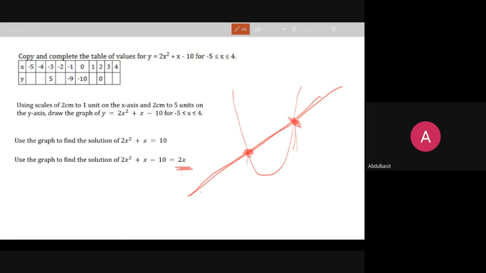Is this clear? Yes, ma'am. Same thing, I didn't plot it, but please try to plot it.